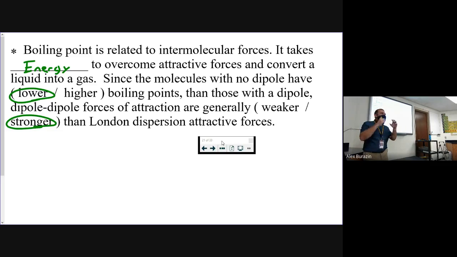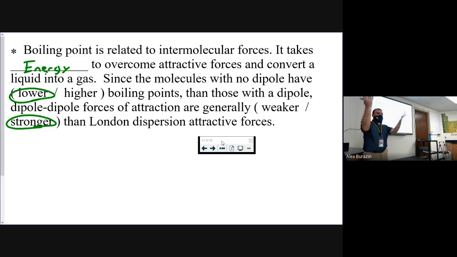Because they're so big, there are so many more opportunities for these London dispersion forces to exist. And they kind of add up over time. So if I compare a tiny molecule with a dipole, right, water is liquid at room temperature. Wax has a higher boiling point than water does. But water has hydrogen bonding, and wax has nothing but London dispersion. However, their difference in molar mass is ginormous. Water has a molar mass of 18 grams per mole.